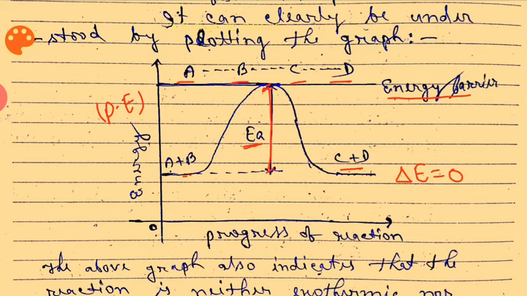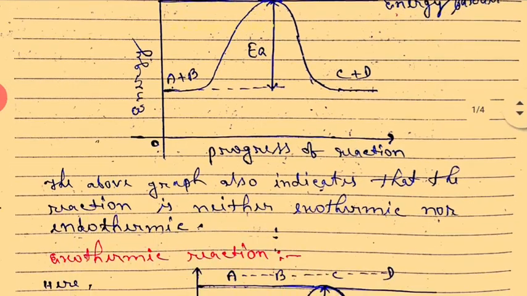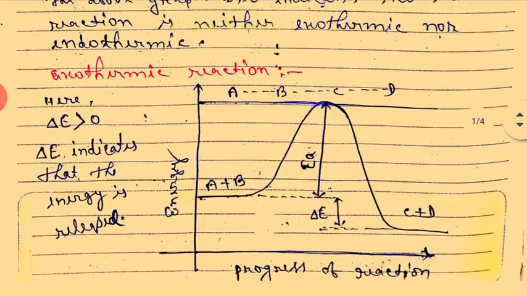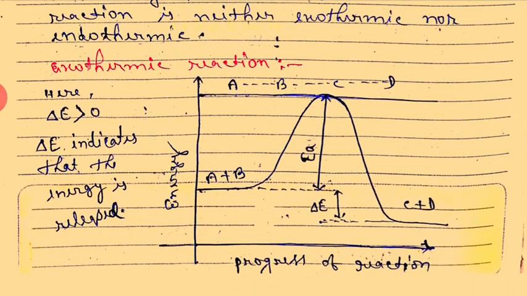Is it clear? So graph clearly indicates the position of the reaction, that is exothermic or endothermic.